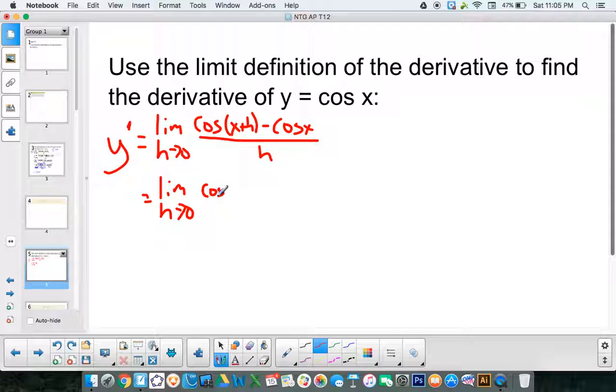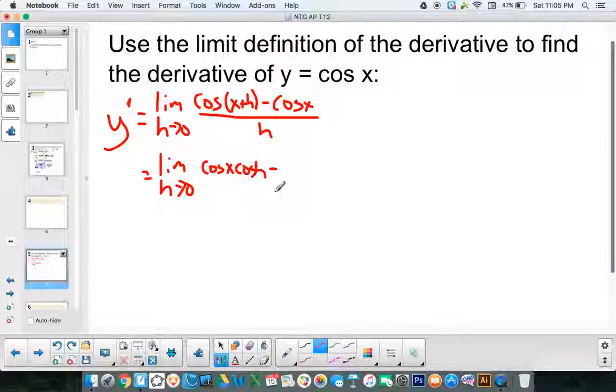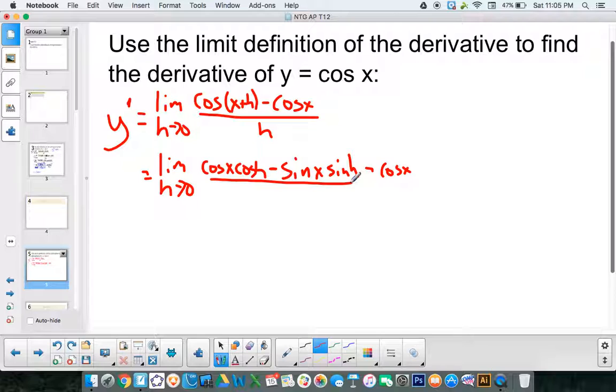Cosine of x, cosine of h, minus sine of x, sine of h, minus cosine of x, all over h. Right? Again, I'm going to put my cosine of x's together.